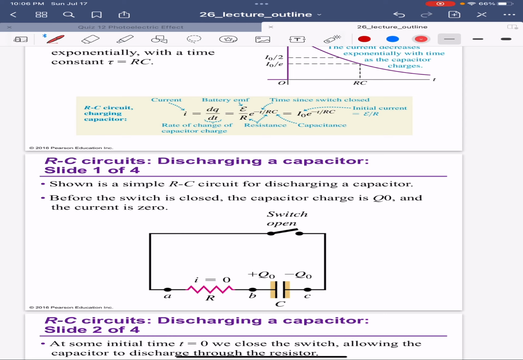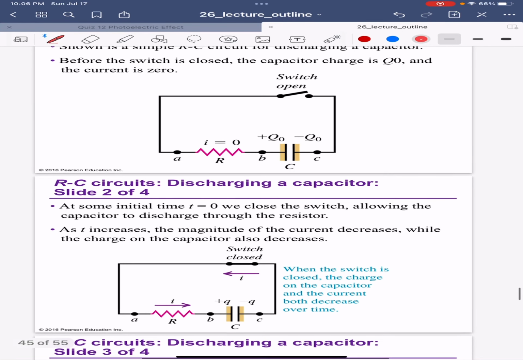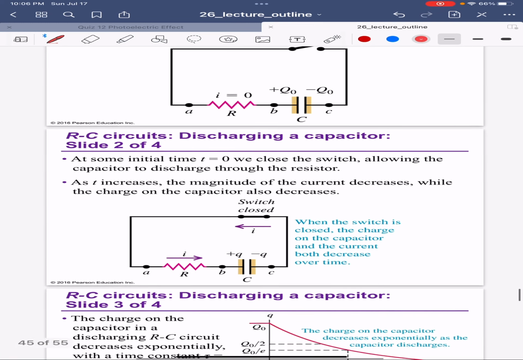Now I can discharge the capacitor. The capacitor has a charge, and the current is zero. When I close the switch, I allow the capacitor to discharge without a battery, through the resistor, and as t increases, the magnitude of the current decreases while the charge also decreases.